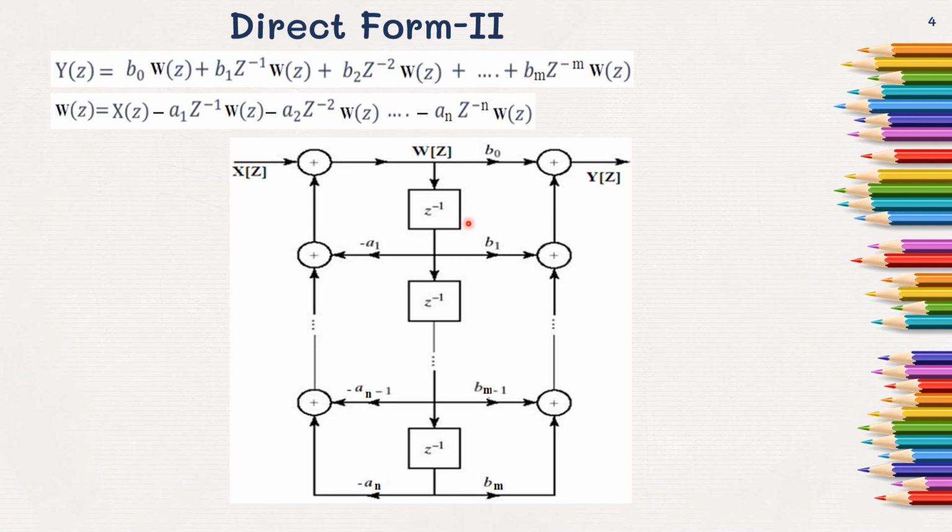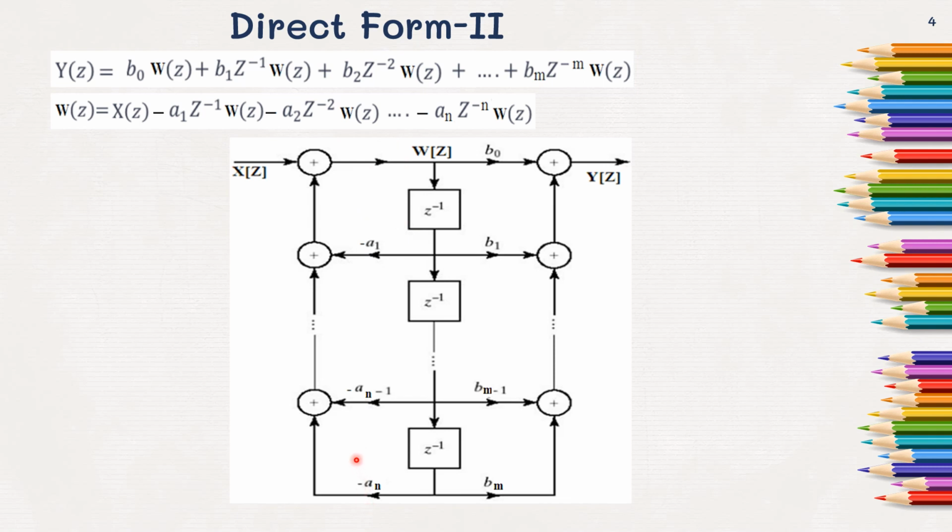What you have to remember very clearly in direct form 2 is that you have only one set of delay elements. The numerator coefficients are on the right hand side, and the denominator coefficients are on the left hand side. So you have to remember that.